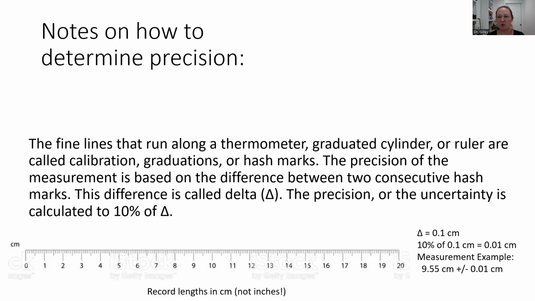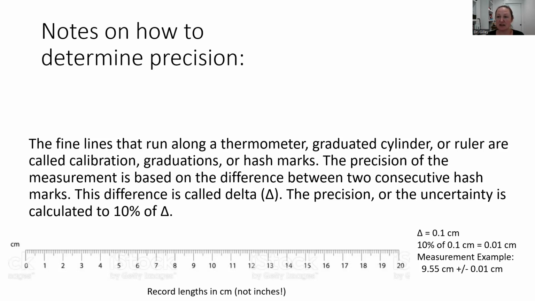So if you record using this ruler and you just write down 9.5 or 9.6, then that is not measuring it to the correct number of significant figures. The significant figures in the measurement include that last number, which is estimated. That's where our uncertainty lies. We can see that the item is a little bit more than 9.5, but not quite 9.6, so we need to estimate a number in that hundredths place.